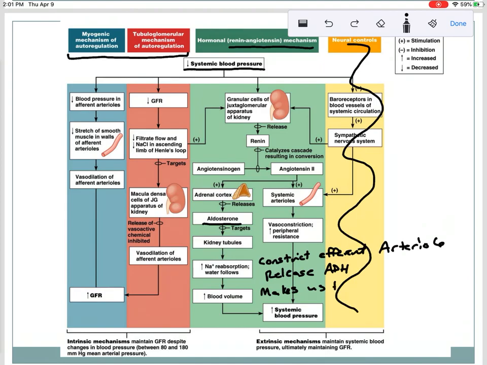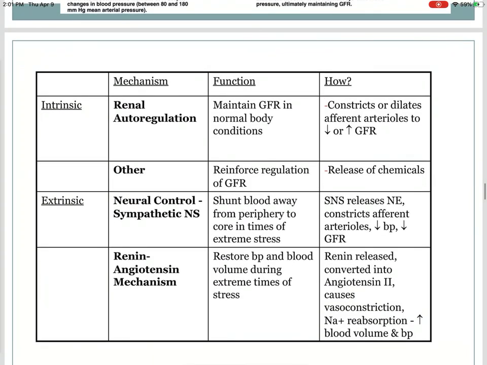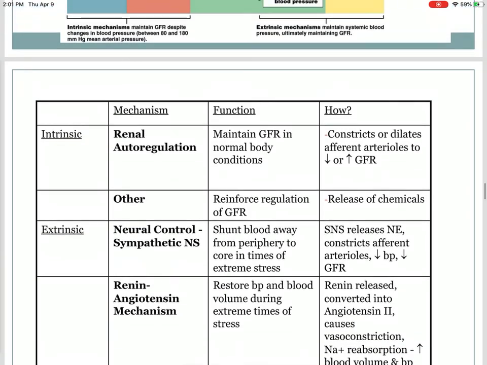All of these things function to increase fluid volume, which increases blood pressure back to normal. I also have it in word form here.